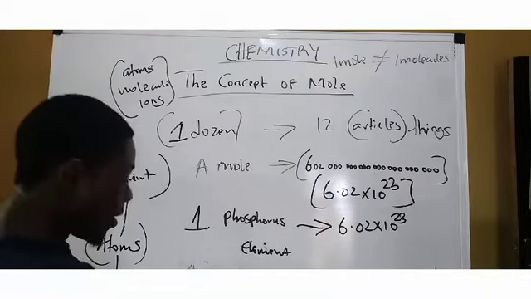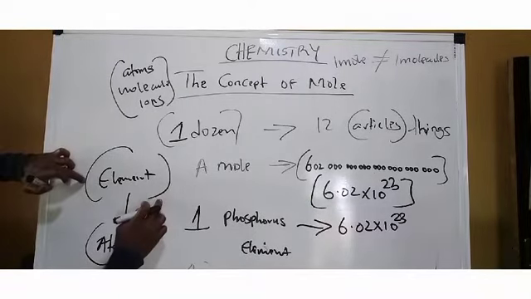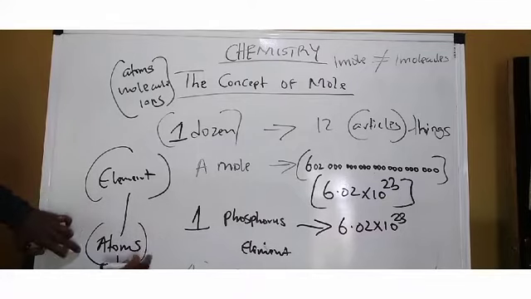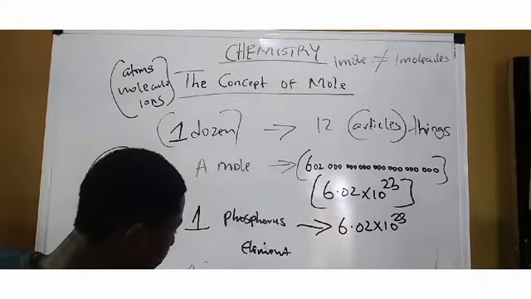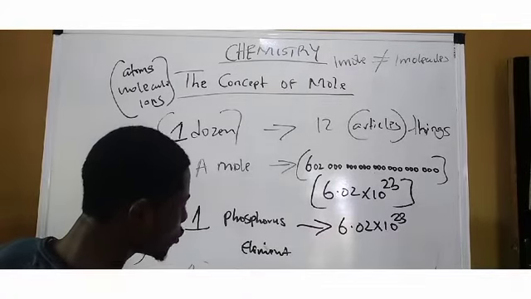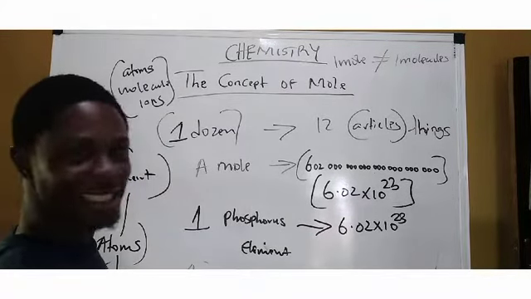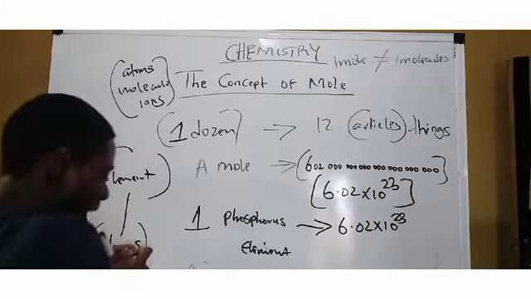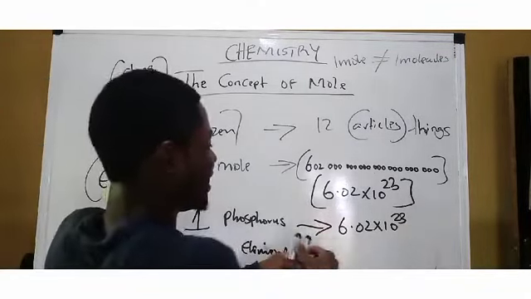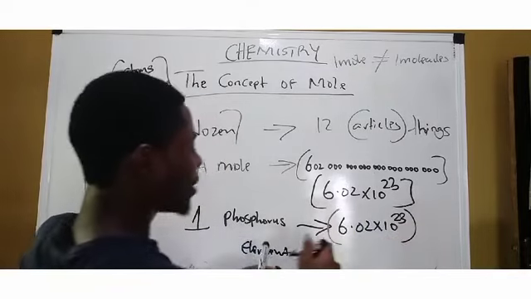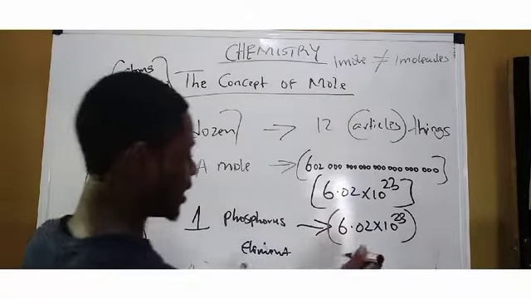Don't forget, elements consist of tiny particles called atoms, and atoms consist of tiny particles. So the sodium element consists of particles of sodium, which are atoms of sodium arranged together. Atoms of sodium in this amount, equal to this value, give us 1 mole.